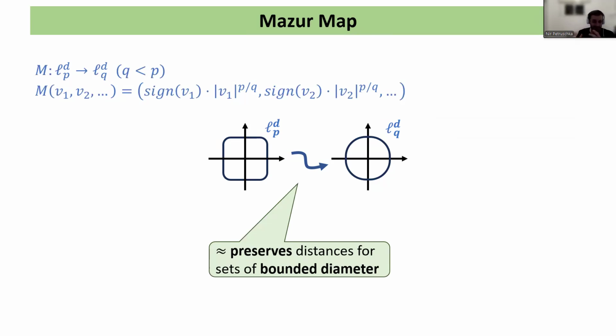But how the distances are preserved depends on the bound that we know on the diameter in advance. Okay, so we can apply this procedure if we know some bound on the diameter in advance, but if we don't, this procedure will be useless.